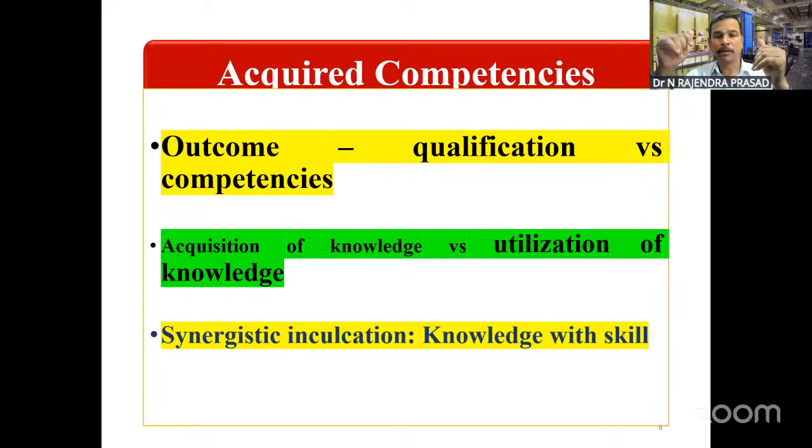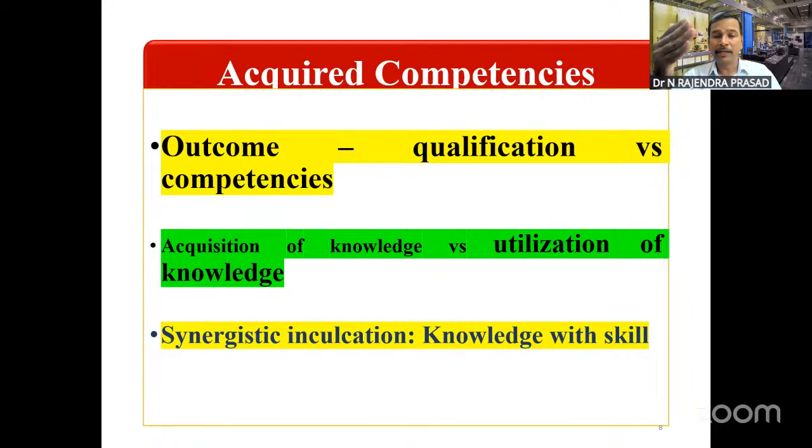Then another important thing is there should be a synergic inculcation between the knowledge and the skill. Say an electronic engineer has acquired the BE degree. If he is not able to solve a puzzle related to electronic engineering, he doesn't have the skill. Of course, he has the BE degree, that's all.